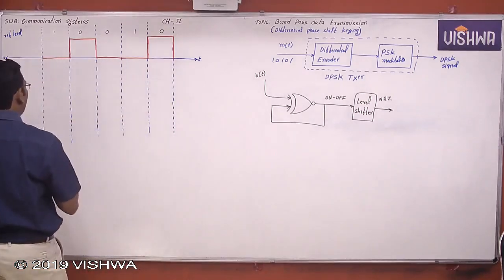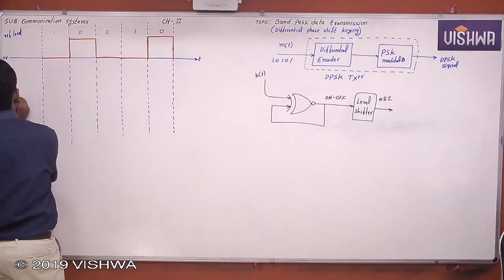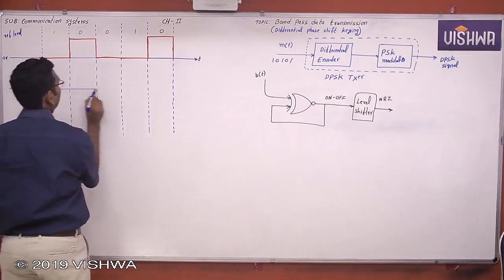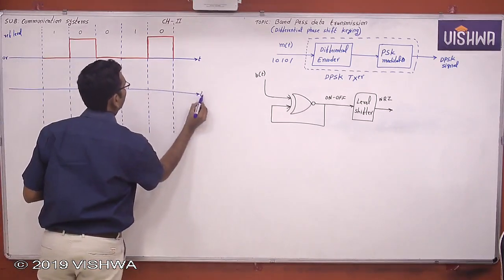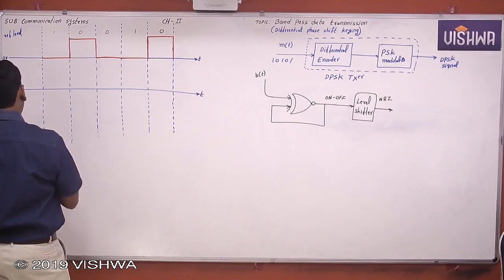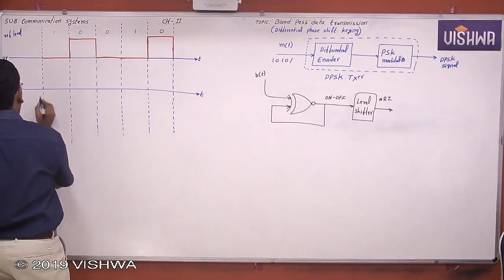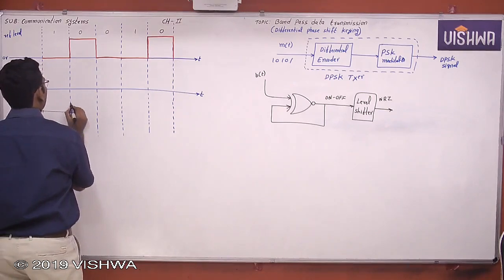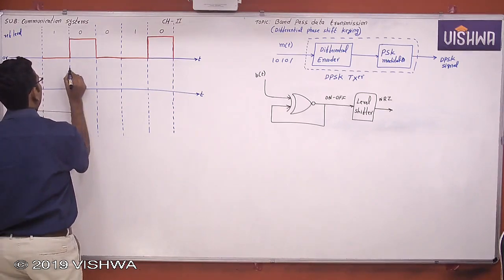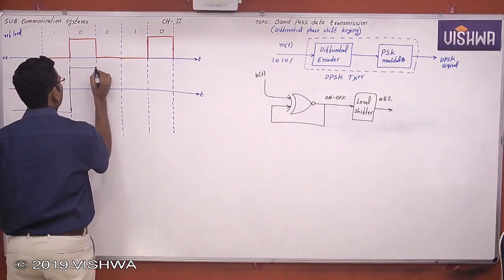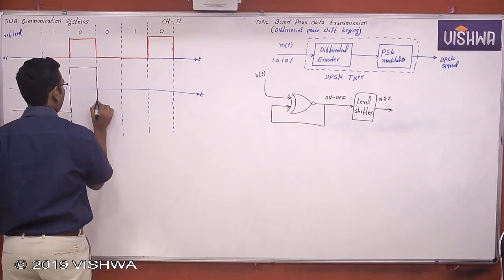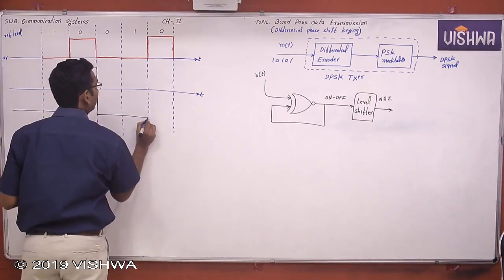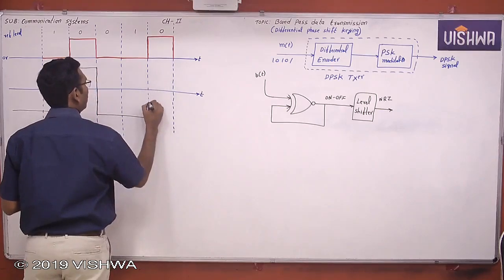This 0 volts becomes more negative, and this positive voltage becomes more positive. Plus 5 becomes plus 10, and 0 becomes minus 5 or minus 10, like this.